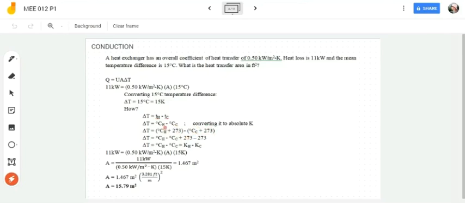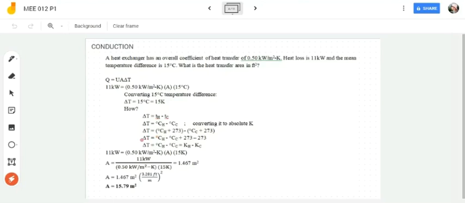If you simplify this, you distribute the negative sign. That will become the hot temperature minus your cold temperature plus 273 minus 273. Notice here that your plus 273 is subtracted by the negative 273, and therefore 273 minus 273 is equal to 0.